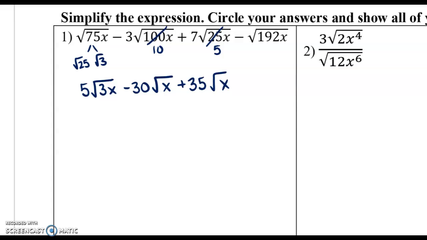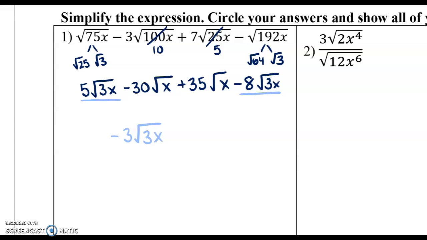192 breaks down into the square root of 64 and the square root of 3. So the square root of 64 gives you the negative 8, and then it becomes root 3x. Then if I combine what I have as like radicals, I've got the positive 5 and the negative 8, which gives me my answer of negative 3 root 3x.